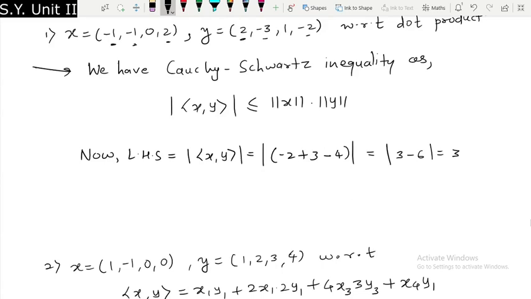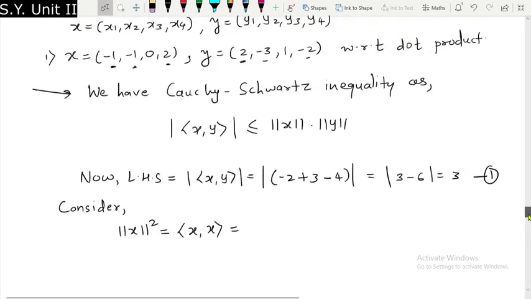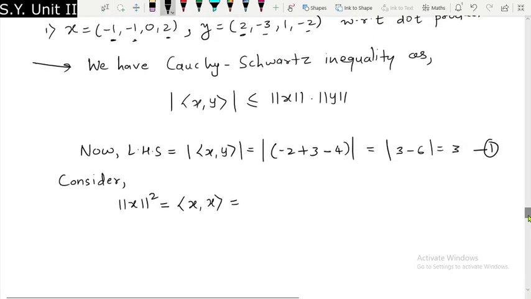Now we are going to find the RHS. In order to find it, I am going to consider norm of x square, and then take positive square roots on both sides to get norm of x. I will call it 1. Norm of x square is equal to inner product of x with x, which is minus 1 square plus minus 1 square plus 0 square plus 2 square.